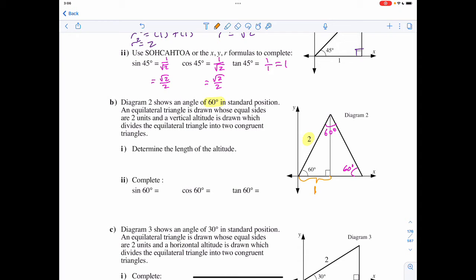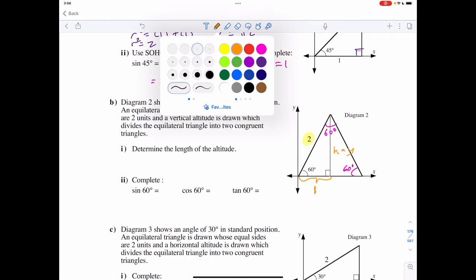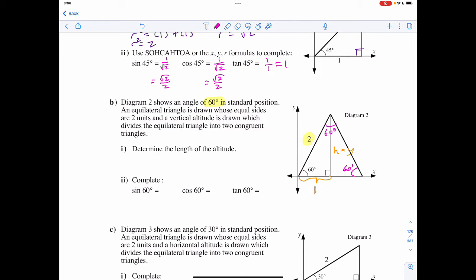And then I have an altitude, a height, or my y value, which I can solve using my Pythagorean theorem. I'm going to say that my height squared would equal my hypotenuse squared minus my adjacent side squared.